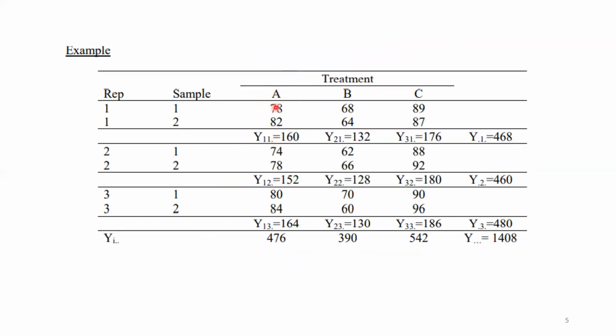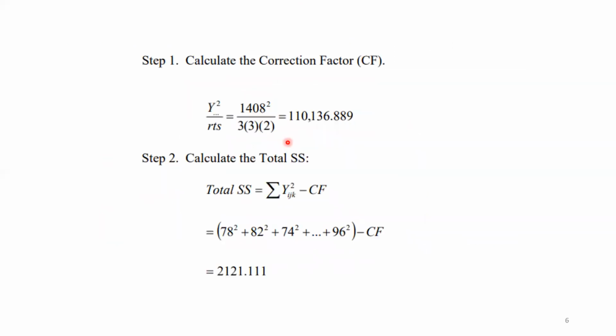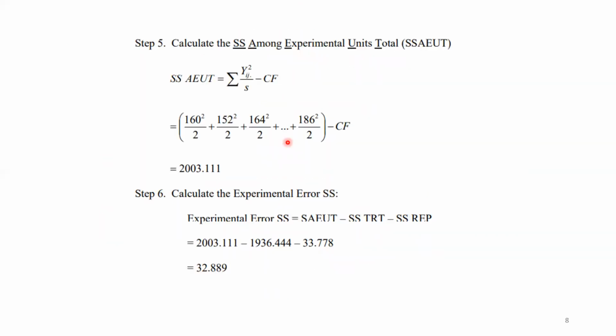In the first case, the summation of the first sample and second sample is 160. Likewise, we take all the values. S represents the number of samples, and there were two samples in our case, so we divide by 2. Finally, we take the summation of all of these and subtract the correction factor. Then we will have this answer.